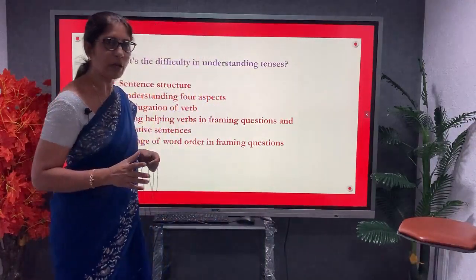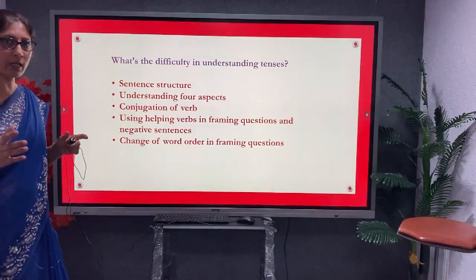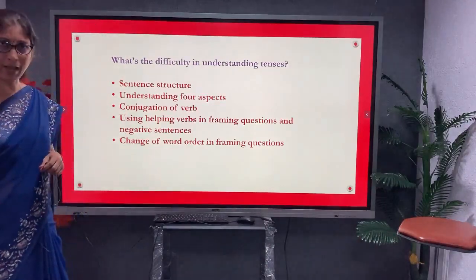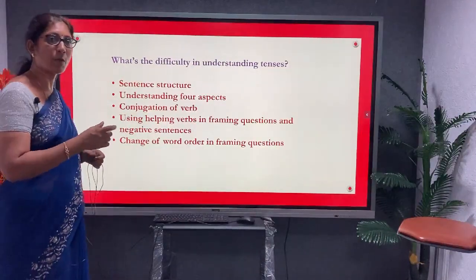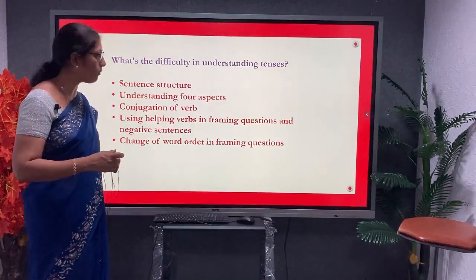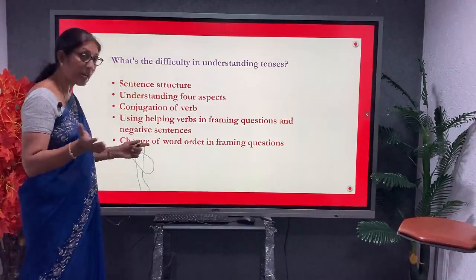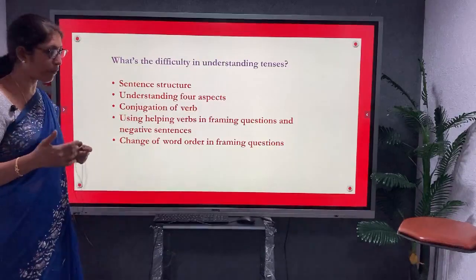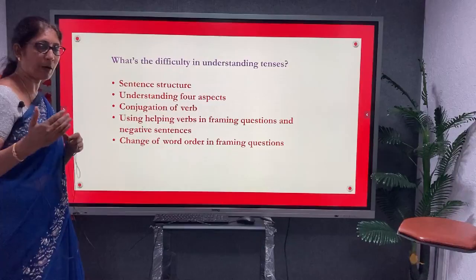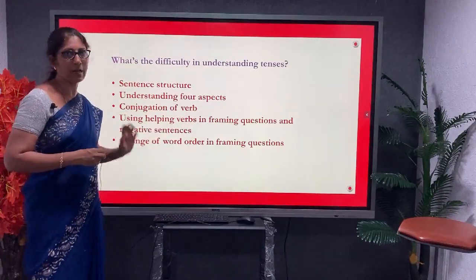That's a simple one, but when we want to make it a question, we need to take a helping verb. Did you eat a mango? So here the helping verb plays an important role. And in negative sentences, when we want to say it in a negative form, again the helping verb plays an important role. So that is the difficulty, choosing the right helping verb.